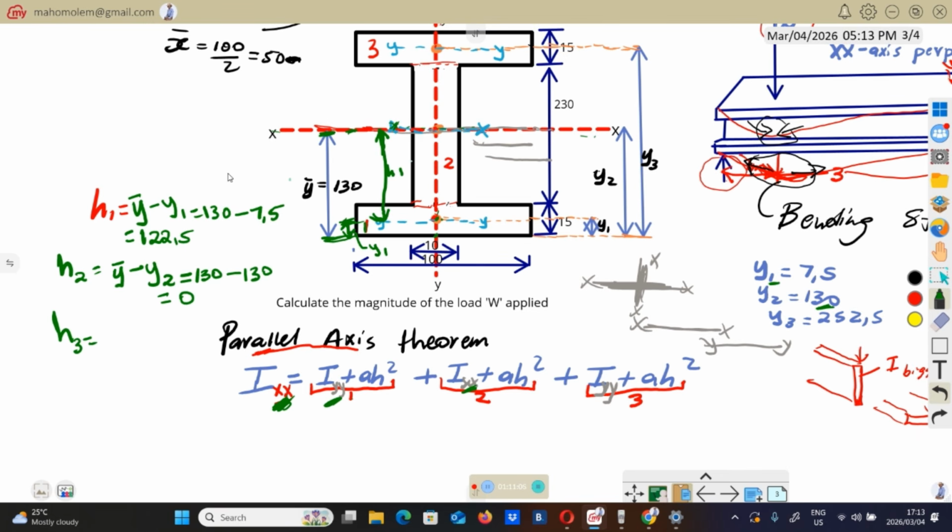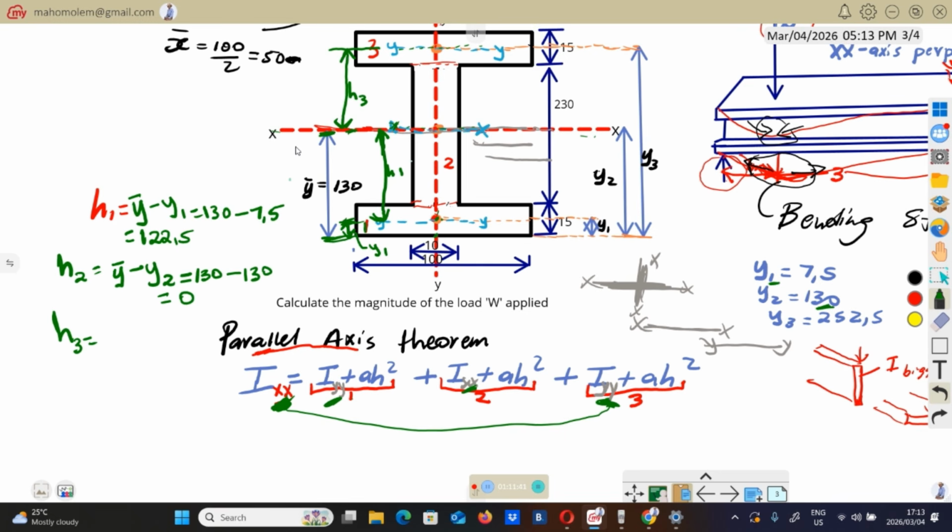h3 will be the distance from this xx, this red line, to this yy. So this yy, remember, is this one. So the vertical distance from this parallel axis to this parallel axis is going to be h3.